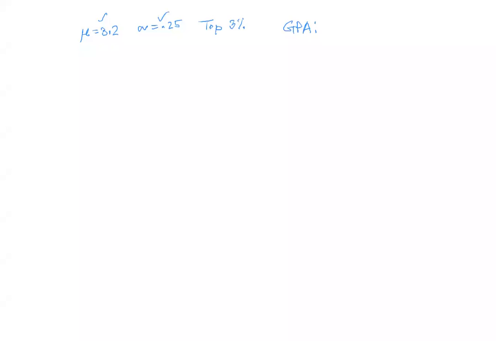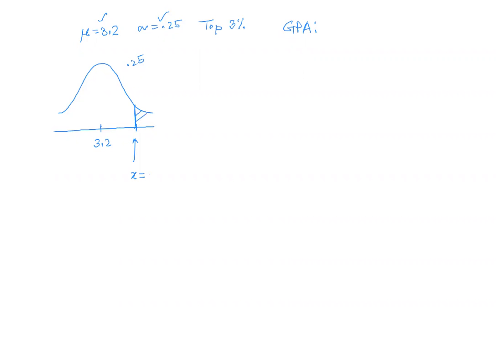Let's work on the problem. Average is 3.2 and standard deviation is 0.25. Okay. So you want the GPA that's going to be the 3% boundary, or X value.